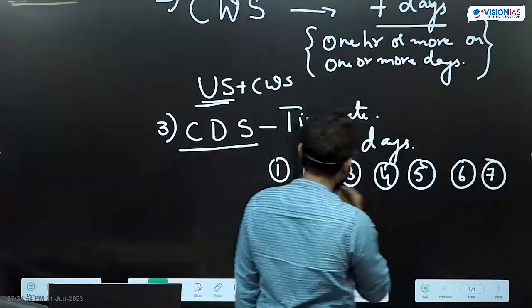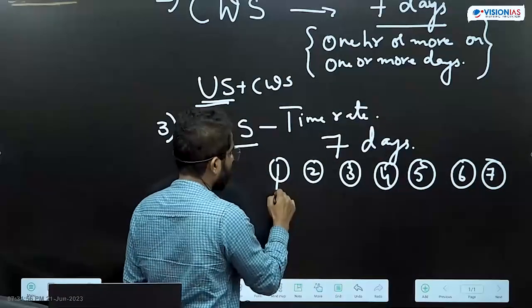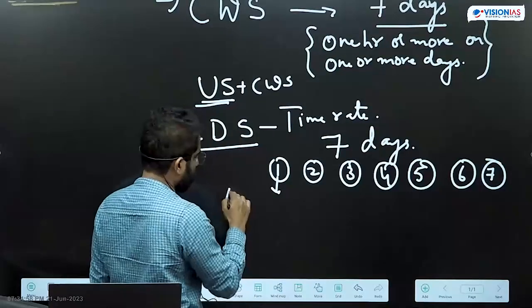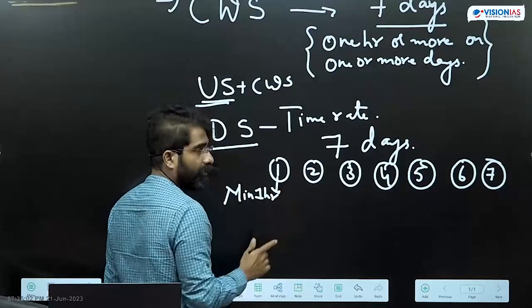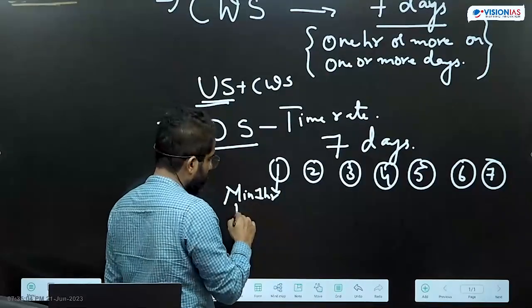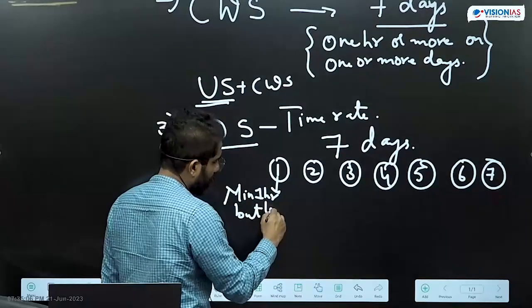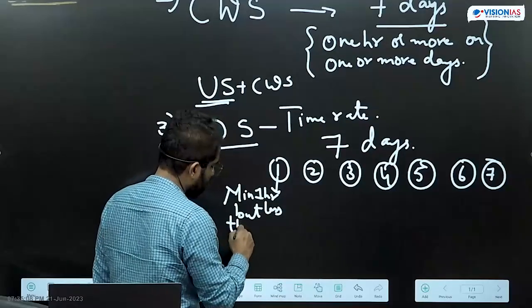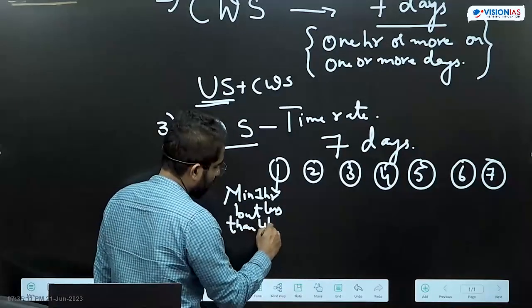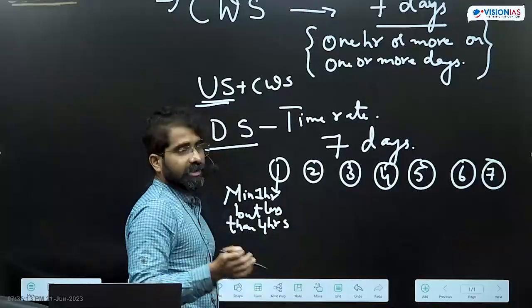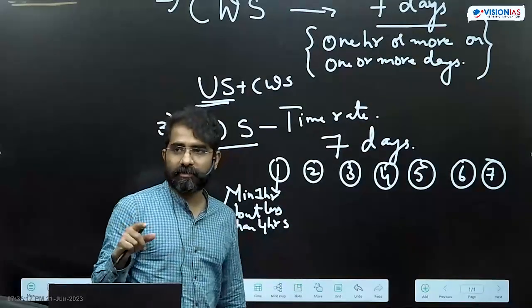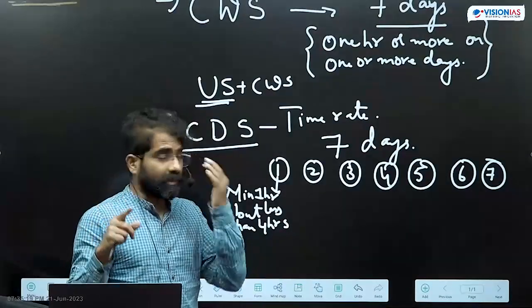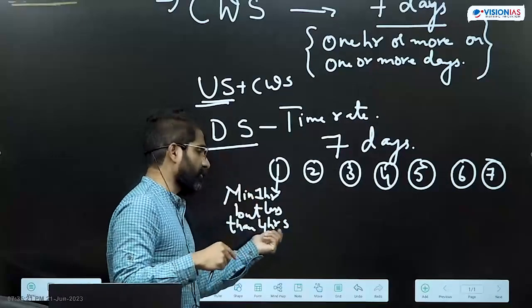On each day, you will check if he is employed for at least a minimum of 1 hour, but less than 4 hours. On day 1 you are checking if he is employed for 1 hour minimum but less than 4 hours.